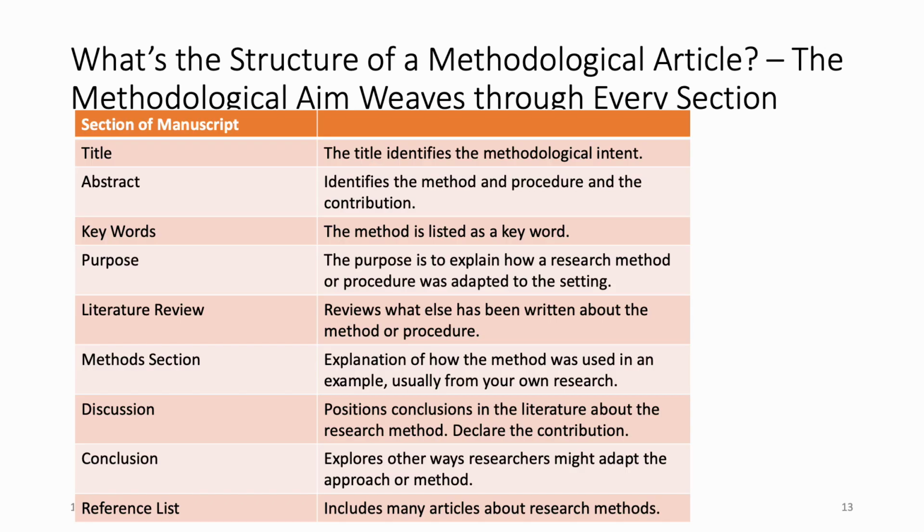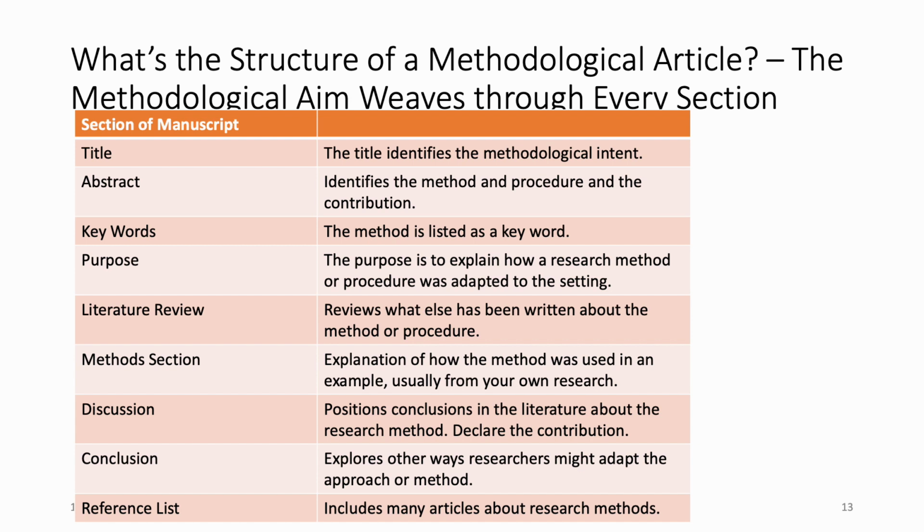This may be the most important slide in this slide deck, in that it suggests different ways that you would shift the organizational structure of an article to reflect its methodological aim.